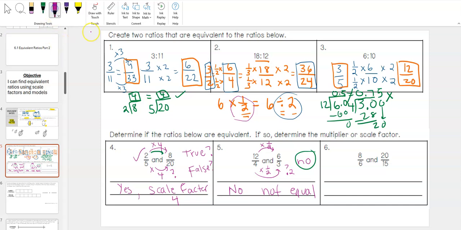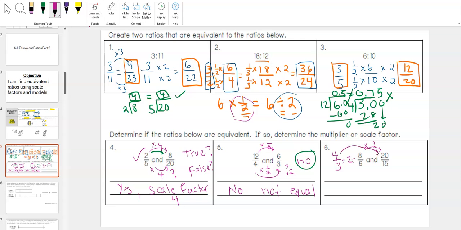All right, let's do this last one. Now, this last one gets a little tricky because there is not a scale factor I know of that I can multiply 8 by to get to 20, nor 6 to get to 15. So one thing I could do is simplify first. I can divide both of these by 2 to get 4/3.